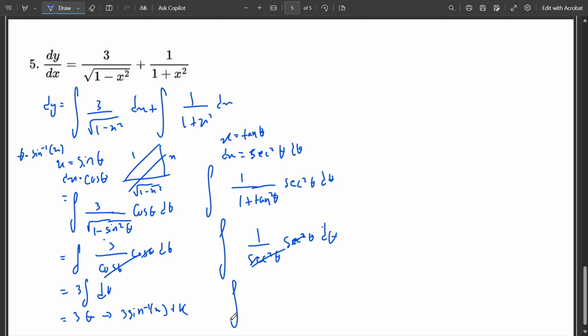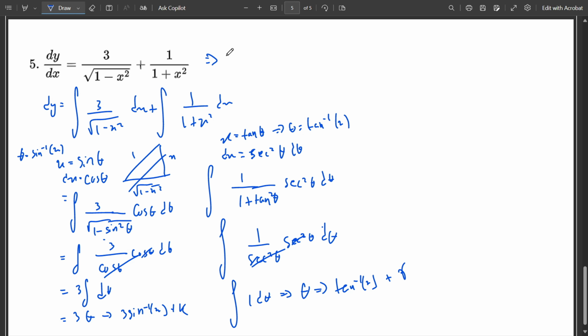Cancel these. We have the integral of 1 d theta. We have theta, and theta is just tangent inverse of x. So tangent inverse of x plus some constant, let's say gamma.